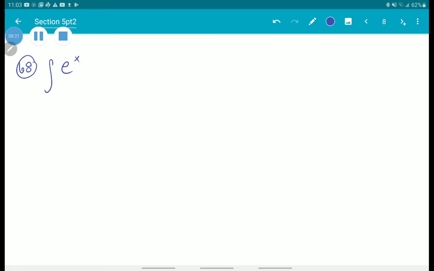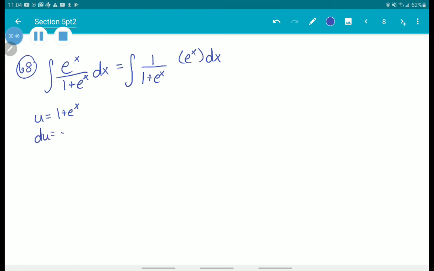We have e to the x over 1 plus e to the x dx. Now I want you to think about this one like this. We're going to pull that numerator out to the side. And that's a trick we've done a couple of times already. So let's try u being that denominator. So du in this case ends up being e to the x times dx. And you can see how we have everything we need here.